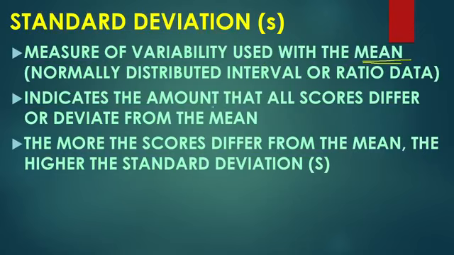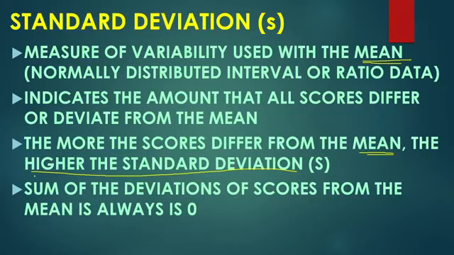So meaning, kung ang scores nato layo kaayo sa atong mean, expect that your standard deviation is very, very high. If the scores are very close to the mean, meaning gamay ra ang difference niya sa mean, then expect a very low standard deviation. Okay? The sum of the deviations of the scores from the mean is always 0.